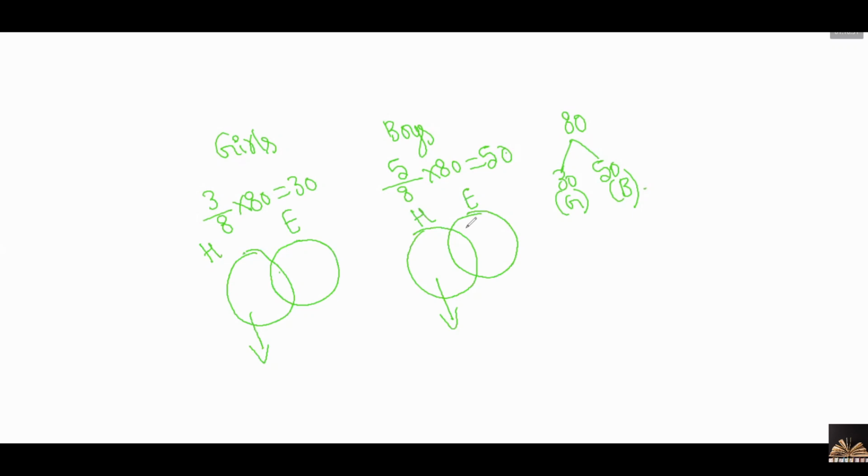And that is equal to 40% of the total number of girls, right? They said that the number of girls who speak only Hindi and the number of boys who speak only Hindi is the same, and that is equal to 40% of the number of girls. Number of girls are how many? 30. Therefore, it is 12. So this value will be 12. This is also 12, right?